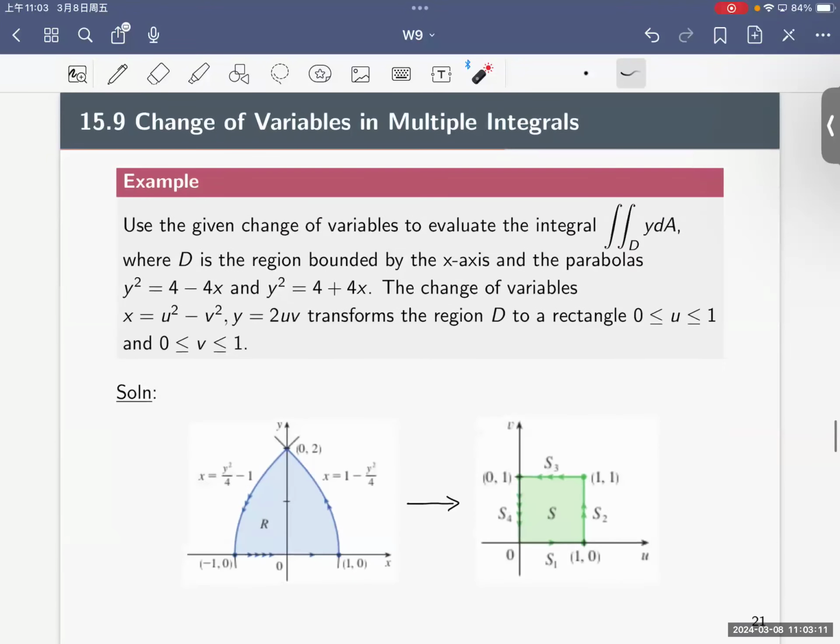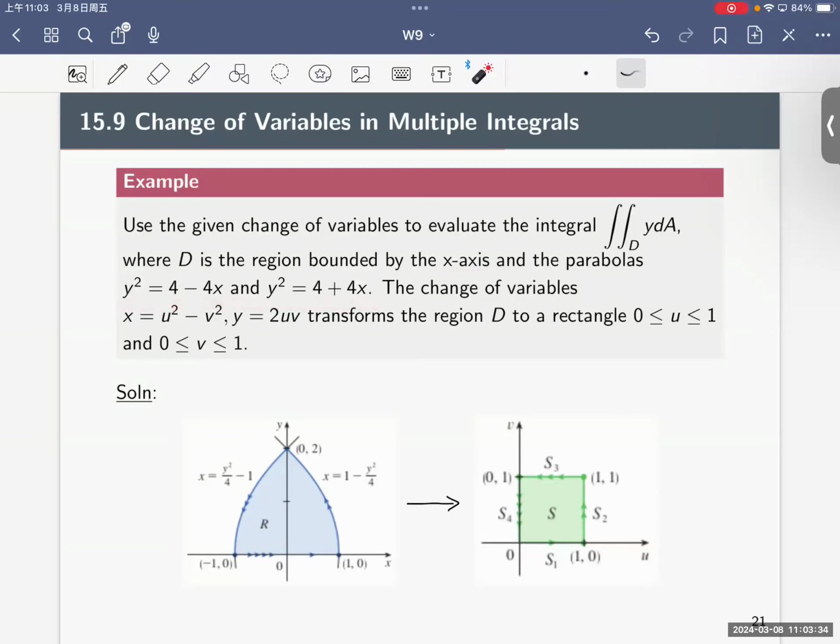So let's practice a more concrete example. Use the following given change of variable to evaluate this double integral of y over the region D, where D is the region bounded by the x-axis and the two parabolas.